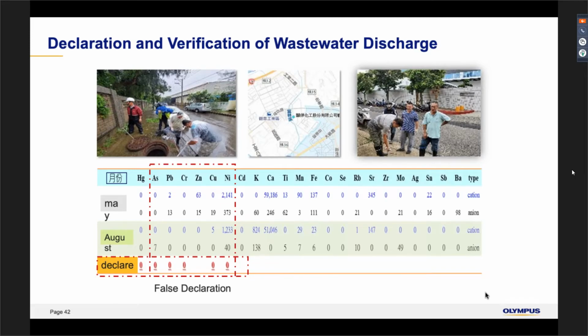Yes, we can put the tiers in rivers, in irrigation channels, in ditches, everywhere.